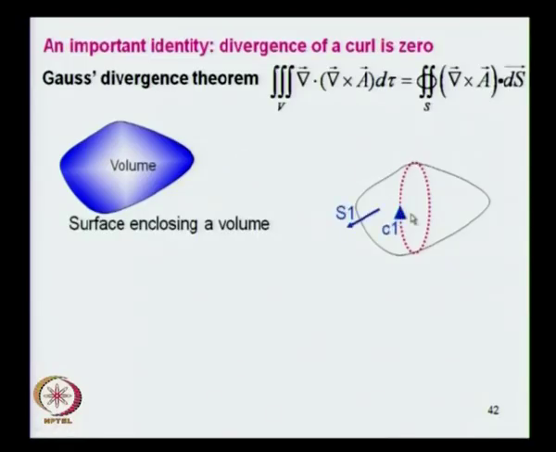If you think of a path going along the direction shown here, on this leg it is going from the bottom to the top, but you can also construct another path going from the bottom to the top from the other side. So when you take this path over the closed loop, these two paths are in opposite directions.